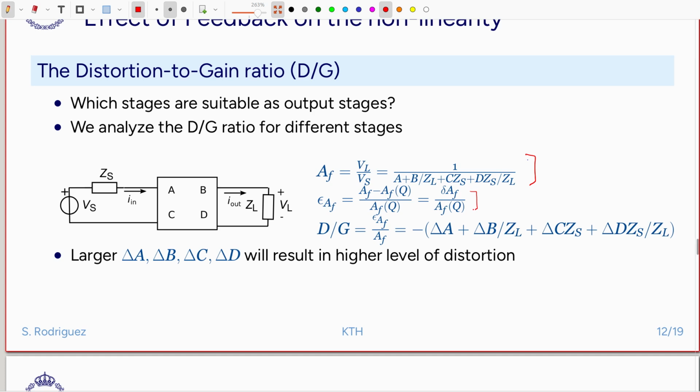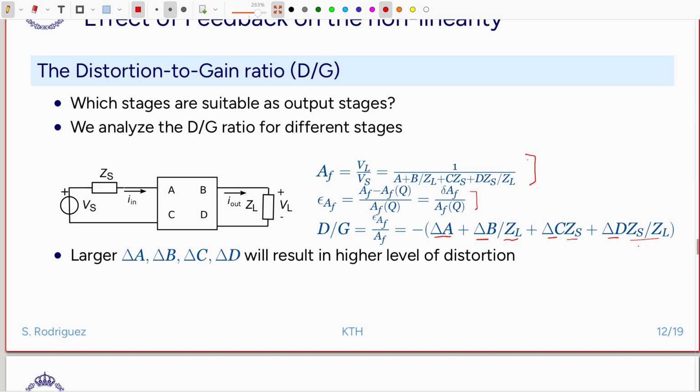If we divide this differential error by the gain and manipulate the expression a little bit, we get something very interesting: the differential error to gain ratio depends on these deltas of the ABCD parameters, and it also depends partially on the source and the load.